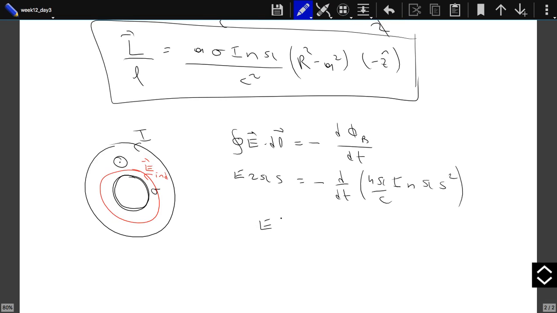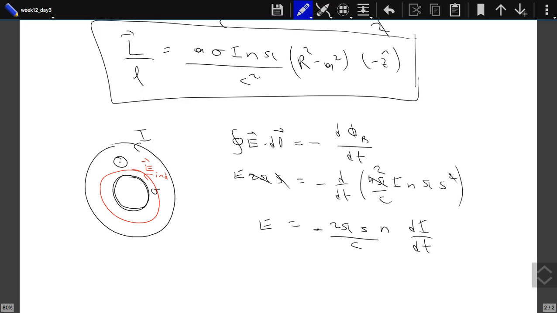Only I is changing, so E will be equal to, let's cancel these pi's, s cancels one of these, minus 2 pi s n over c dI by dt. Well, we already know the direction, so this is the magnitude. Let's not ignore the minus sign, because dI by dt is negative in our case.